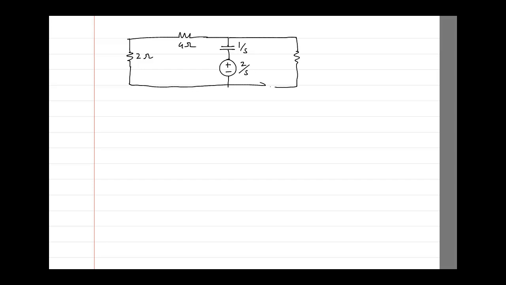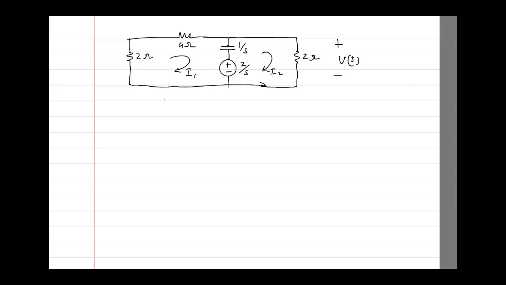That circuit was, I am having a 2 ohm resistor here, I am having a 4 ohm resistor here, there is a capacitor followed by a voltage source, the values of which were 1 by S and 2 by S, and then we had a final 2 ohm resistor across which we wanted to find out the voltage V of S.